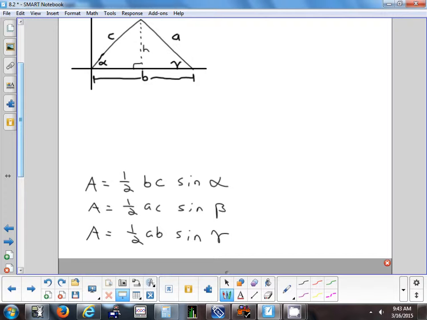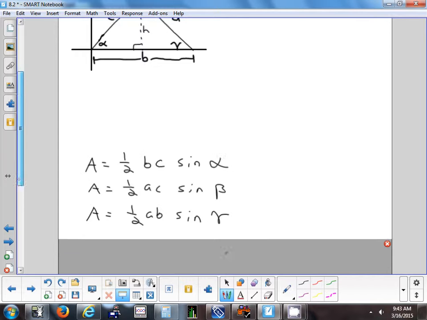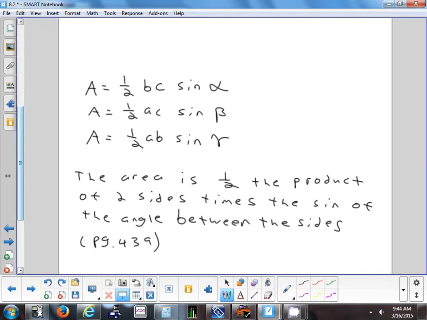Just depends on what you know. But it's just half the product of 2 sides times the sine of the angle between them. And the proof of that is on page 439 and 440. It's a very short proof. We're just not going to go through it.